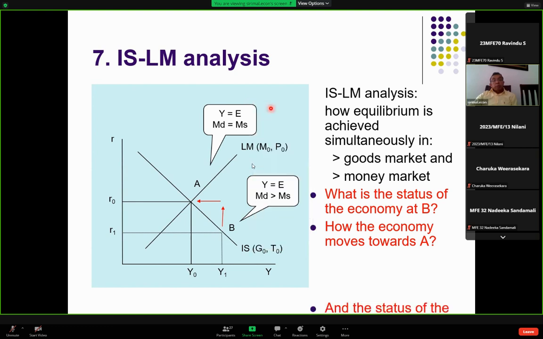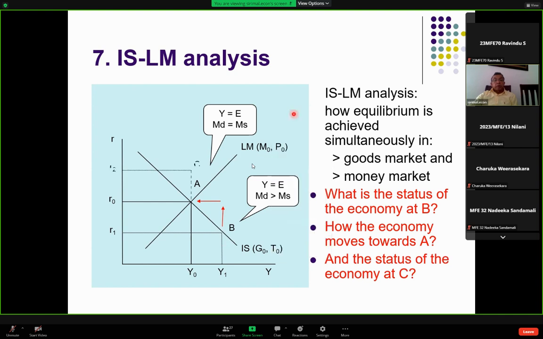However, there are more complicated disequilibria, for example, point C. What is the status of point C? Both markets are not in equilibrium.